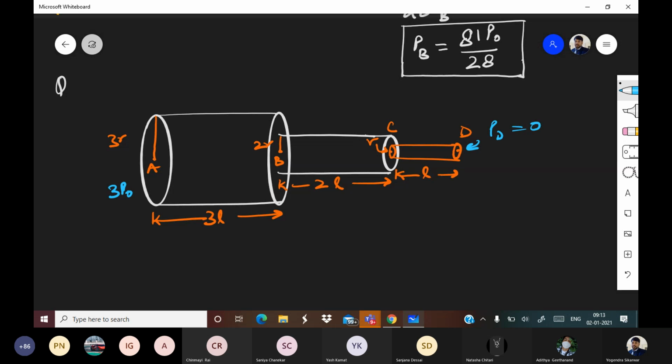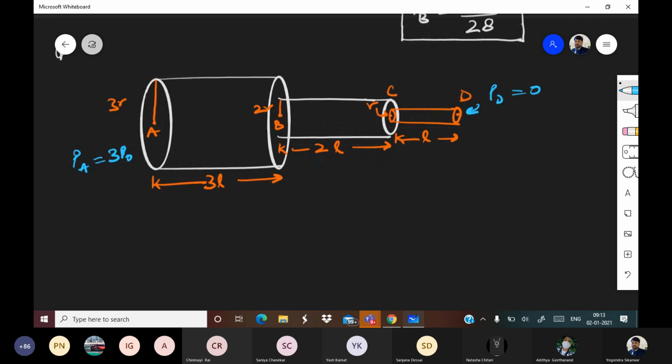PD is equal to 0. PA is equal to 3P naught. What you need to do is find the pressure at points B and C. Please find.